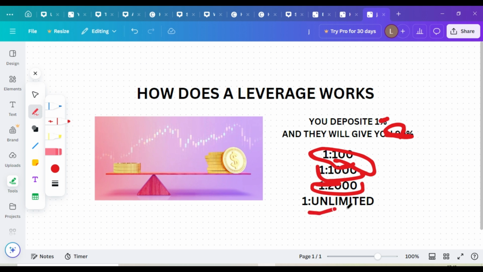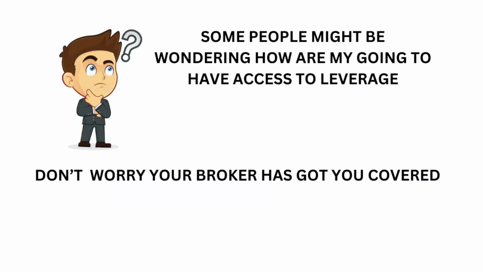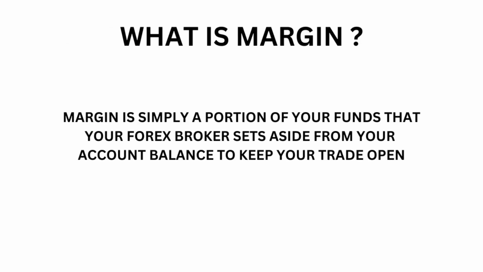So leverage means borrowed funds as a forex trader. Some people might be wondering, how am I going to have access to leverage? Don't worry, your broker has got you covered.